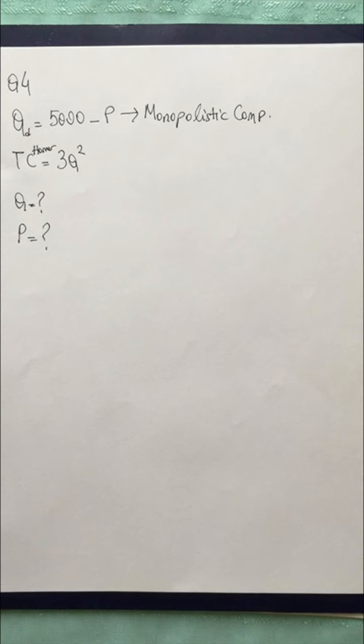Please remember the most important point for monopolistic competition is product differentiation. There are lots of boat producers in the market, but the boats are not identical. They are just similar to each other. And the total cost for one producer, Homer's boat manufacturing, is given in this question.